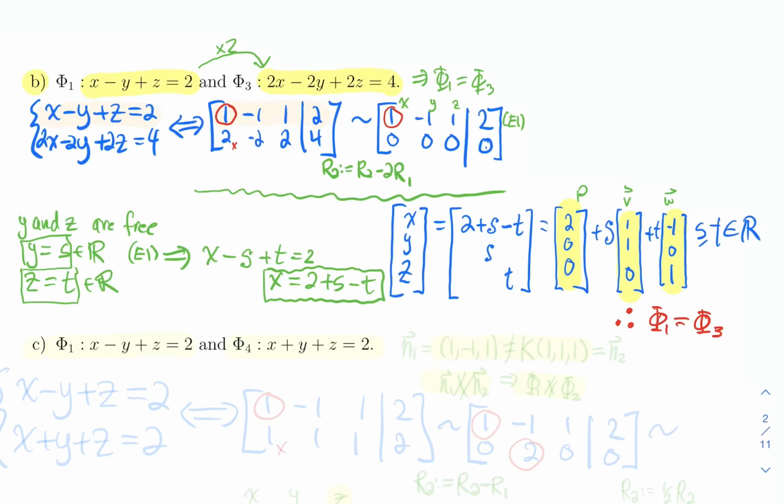Suppose you just want the vectorial equation of the first plane: you just need a matrix with one row, and then you write the general solution in canonical form, and that is the vectorial equation of your plane.